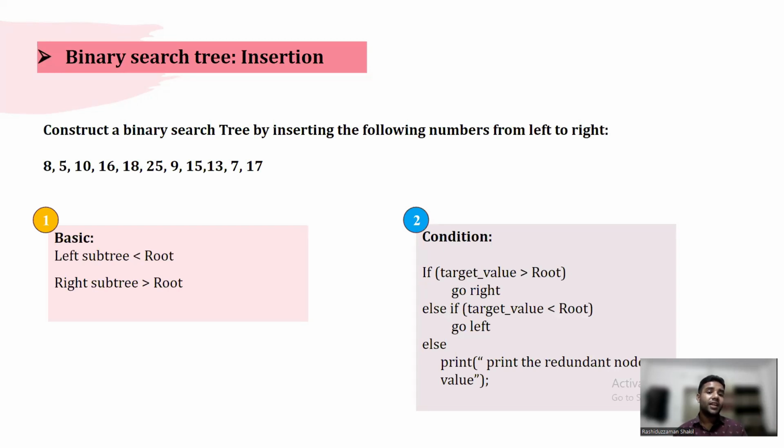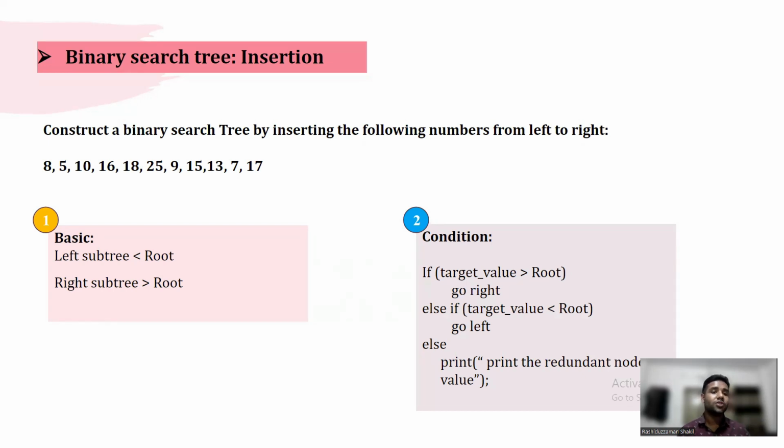I recommend that if you want to solve this problem, you must have a basic concept about the root. Particularly, the left subtree always contains values lower than the root node, and the right subtree always contains values greater than the root node.